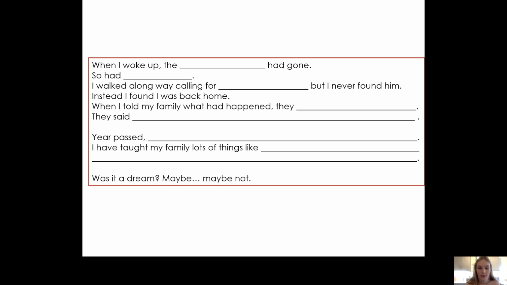Things that you can teach your family. And then, was it a dream? Maybe, or maybe not. So use that there to help you with your final plot point.